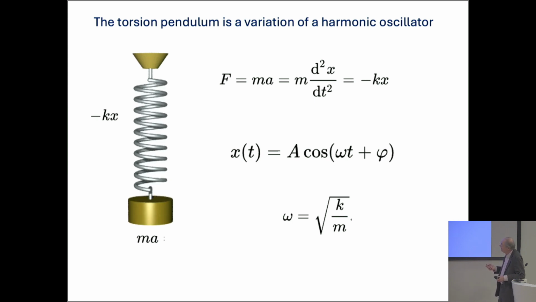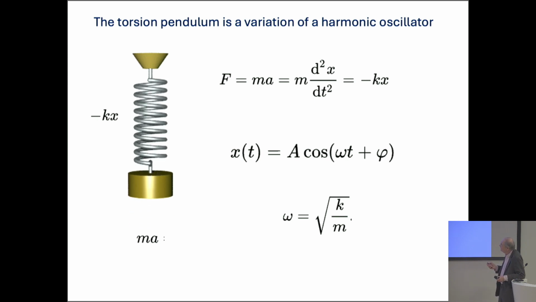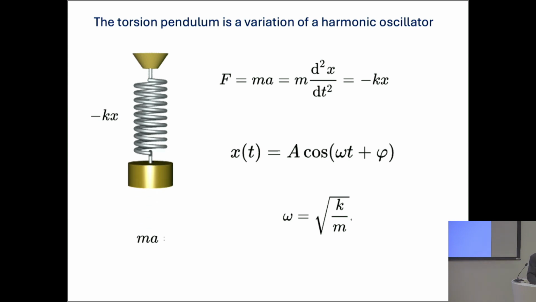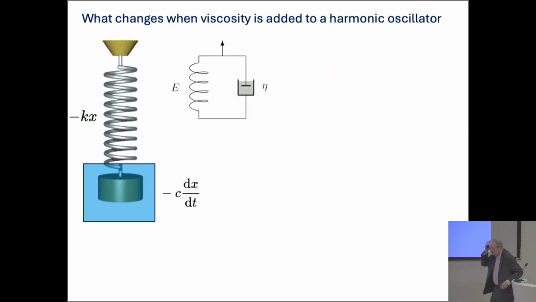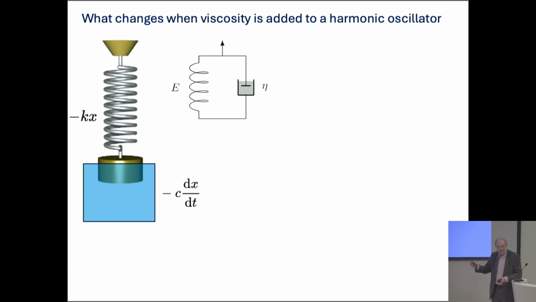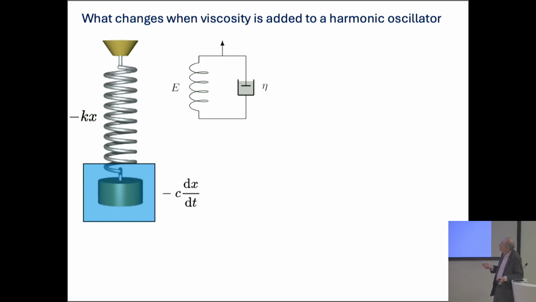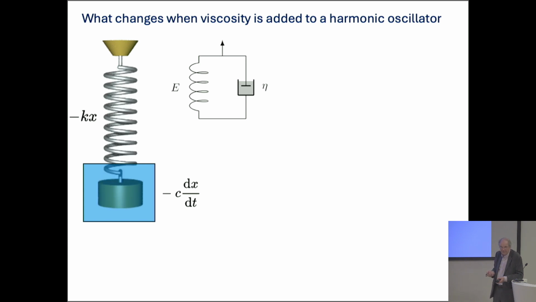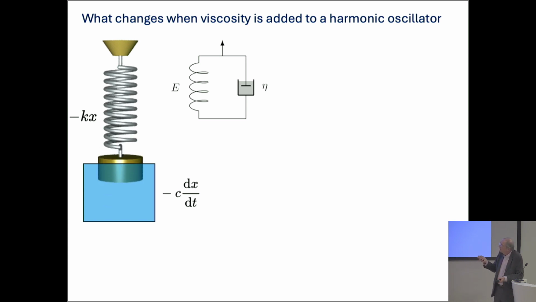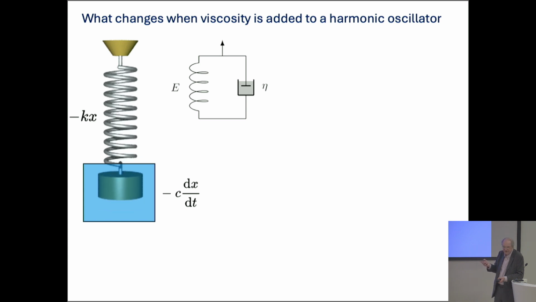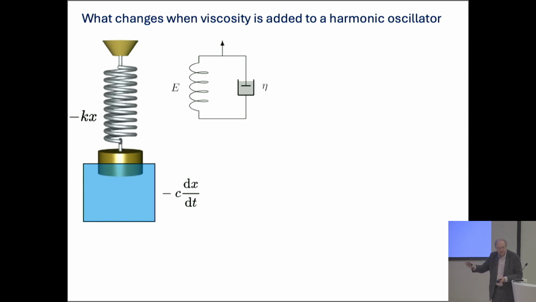We're going to use something like this to measure the stiffness of a tissue or any soft material. But the problem is that these tissues aren't perfectly elastic. They're also viscous, and we'd like to know the viscous part too. Imagine what happens if you put a harmonic oscillator in a little viscous bath. The cartoon isn't showing this, but every time it dips into the viscous bath, it will lose some amplitude of oscillation.